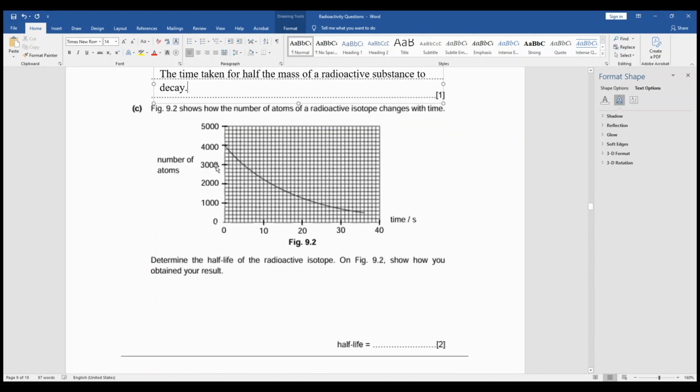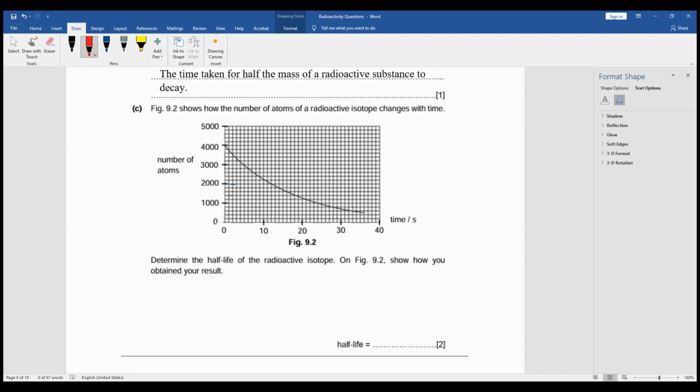So you have this. I'm going to choose 4,000 and I will take the 2,000 as a mark. What color should I use? Red? Okay, red is good. Oh, it's blue. Let me change to red. Please use a ruler in your exam.